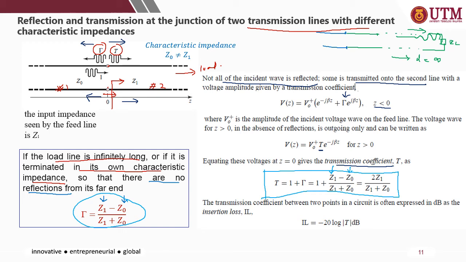And in dB, the transmission coefficient between 2 points in a circuit is known as insertion loss, IL. So insertion loss is the measure of transmission coefficient between 2 points in a circuit. It is negative 20 log of the transmission coefficient, and it is in dB.